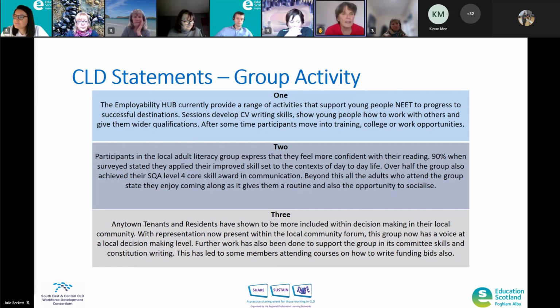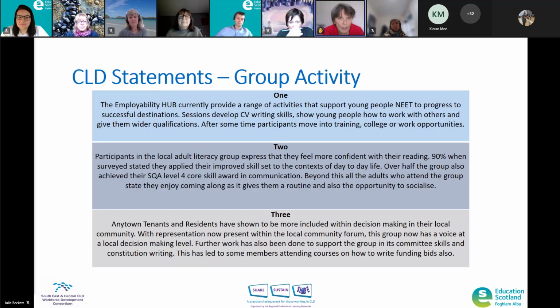The Employability Hub currently provides a suitable range of activities that support young people from not in employment, education to progress quickly to successful destinations.